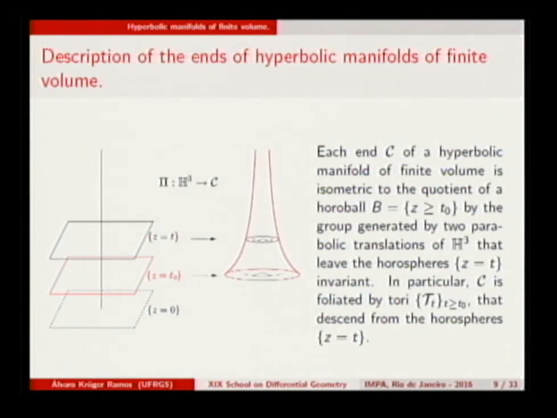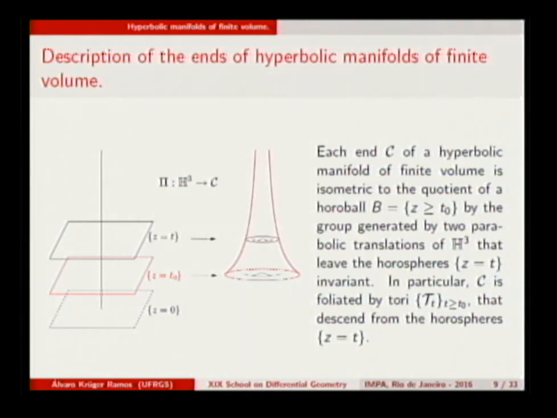Each one of these ends is foliated. It can be modeled by a horoball in H3 divided by a group generated by 2 parabolic translations. Here I'm using the half-space model of H3. So the horizontal planes are horospheres, and all this region is a horoball.